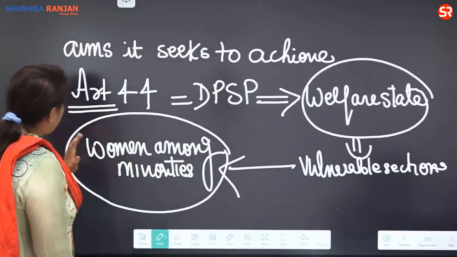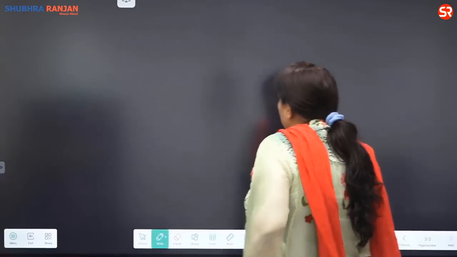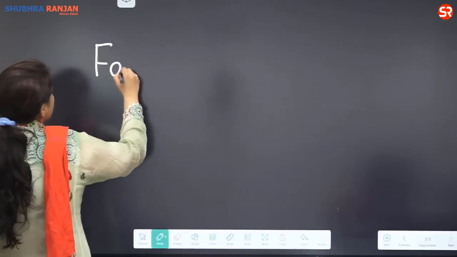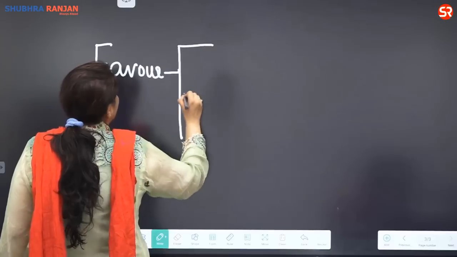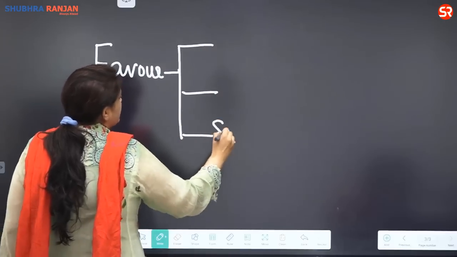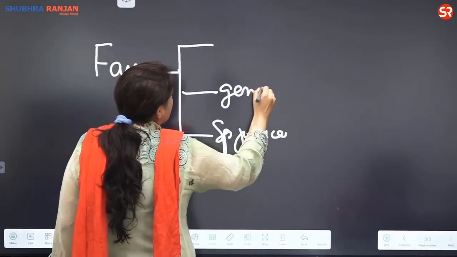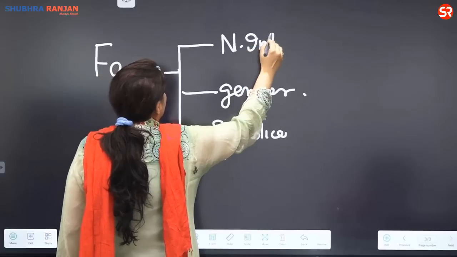So something like this you can discuss. And what are the arguments in favor of it? The arguments in favor, you can write, for example, speedy justice, gender justice, and national integration.